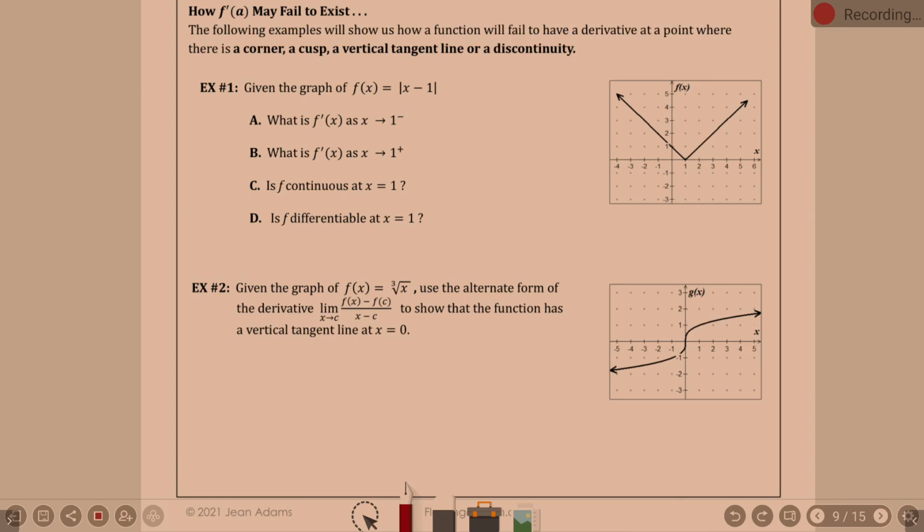So first of all, example 1 here, you have given the graph absolute value of x minus 1. Good reminder, absolute value graphs are V's. The minus 1 says the V is moved to the right. Now, what is the derivative, f prime of x, as x approaches 1 from the left?